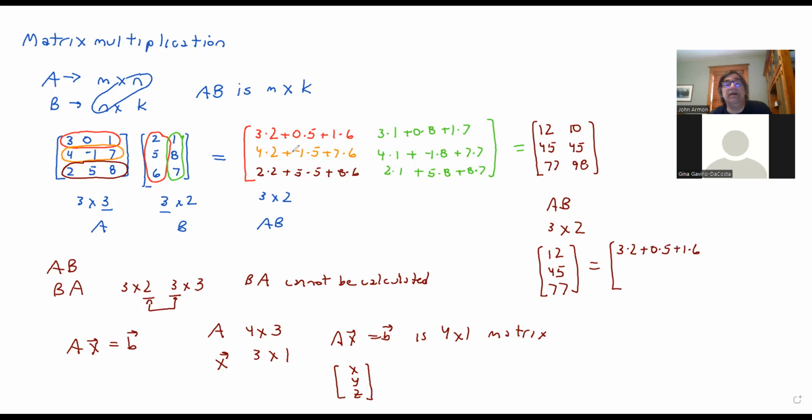How did I come up with 45? 4 times 2, negative 1 times 5, and 7 times 6. And then 77 is 2 times 2, 5 times 5, and 8 times 6.